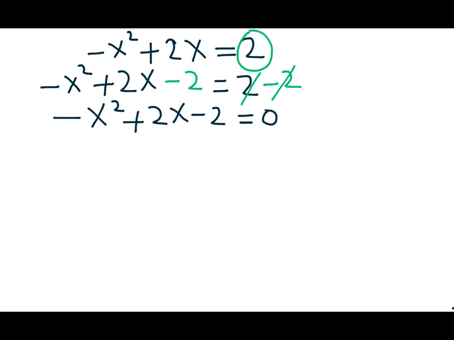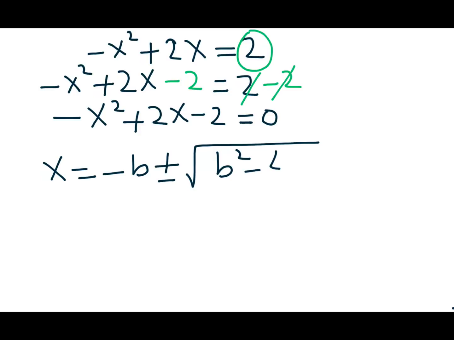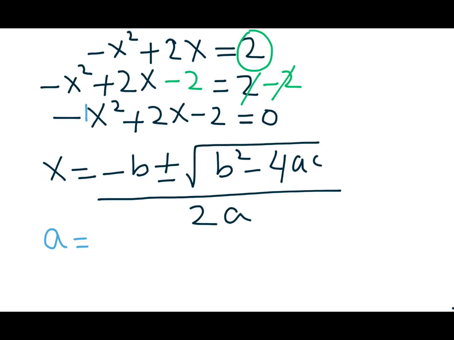So the quadratic formula is x equals minus b plus or minus the square root of b squared minus 4ac, divided by 2a. Now the coefficient of x squared is minus 1, so a equals minus 1.